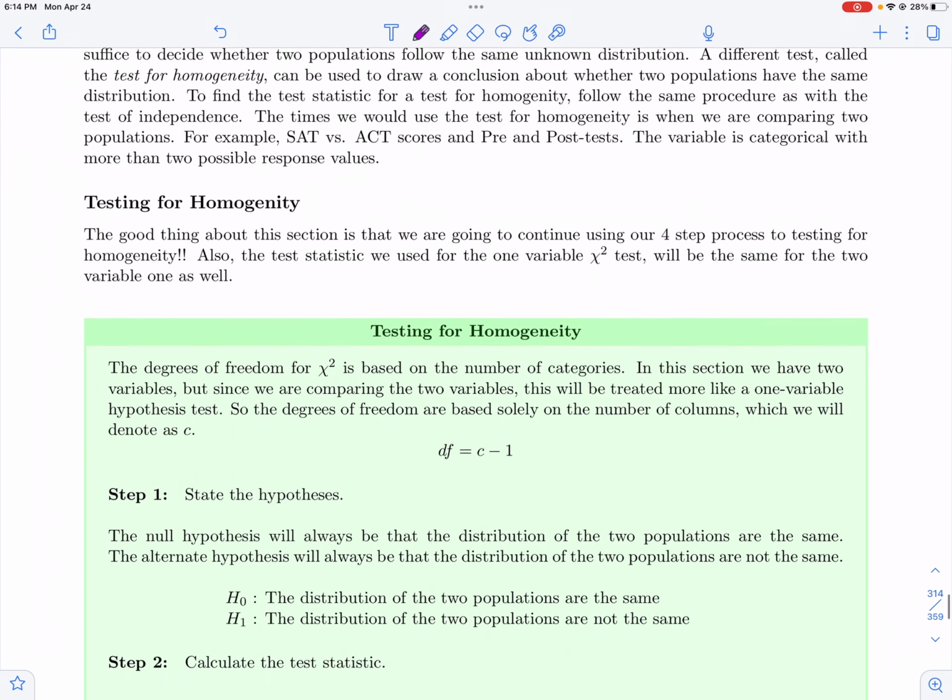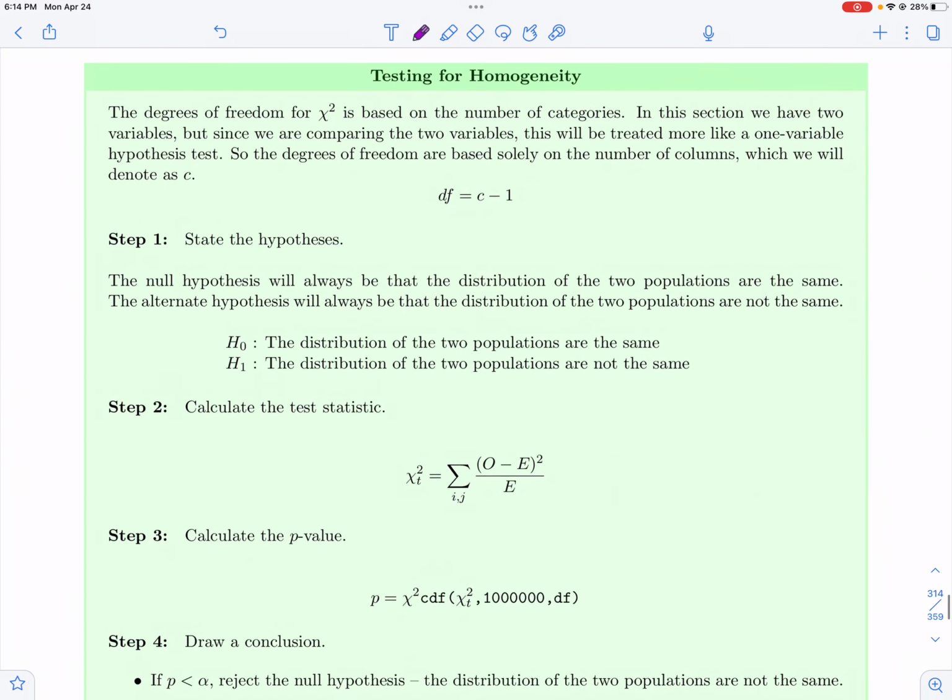So the good thing is when we look at our different setup for our test for homogeneity, in this case, instead of having as many possible rows as we want, we're always going to be comparing just two things at a time. So it could be like SAT scores and ACT scores. It could be like pre-test and post-test. So our number of rows is always going to be two.